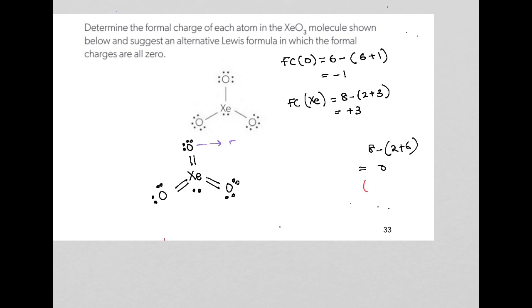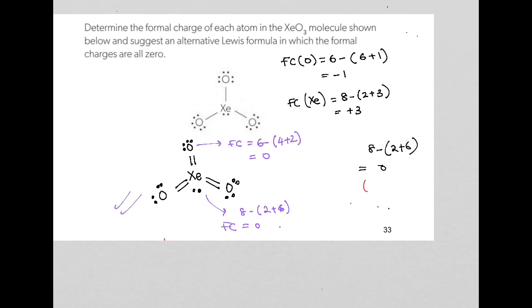And if you find the formal charge for this one, you would get formal charge of 0 for oxygen. And here, if you calculate for xenon, you would also get 8 minus 2 plus 6. So this would also be 0. So then formal charge of both xenon and oxygen is 0. So this would be the preferred structure here.